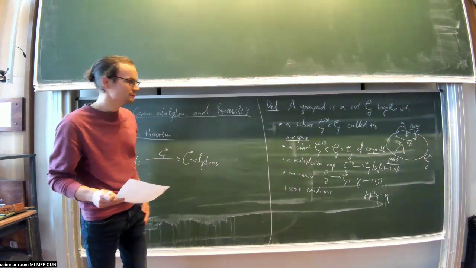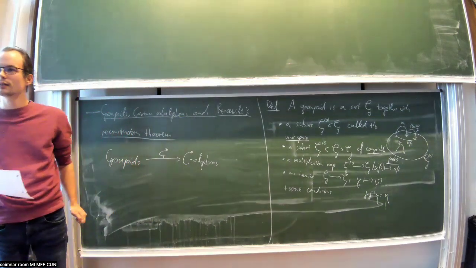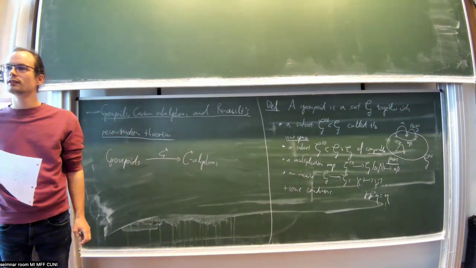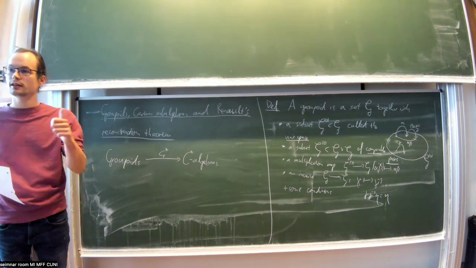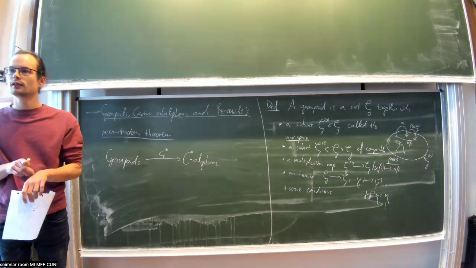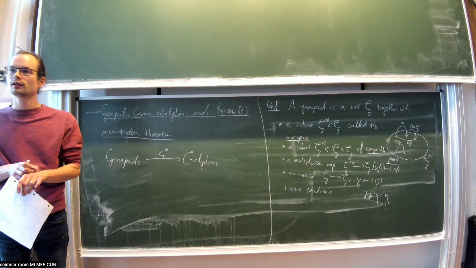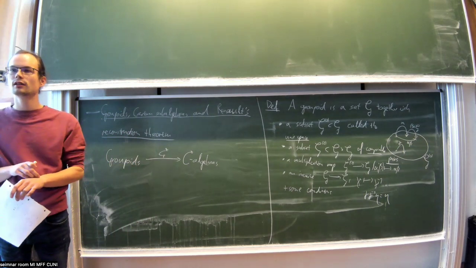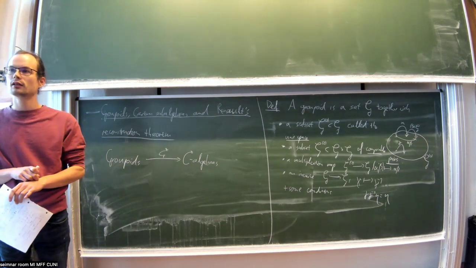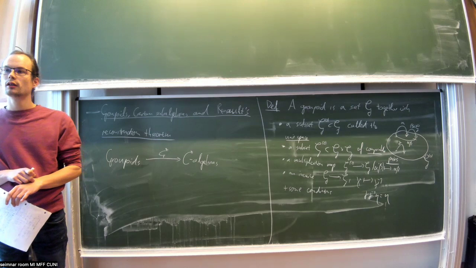So I don't quite understand it. I think of this as a category of isomorphisms, but in this picture, I see that G0 is the objects in your category. Yeah, exactly. G2, these are the morphisms, and then composition, etc. But you have G0 contained in G. What else is inside G? It's the arrows.